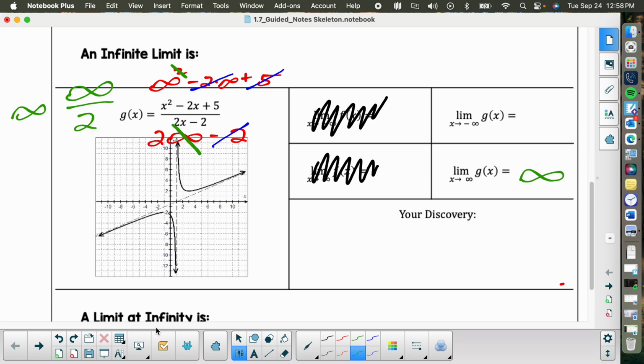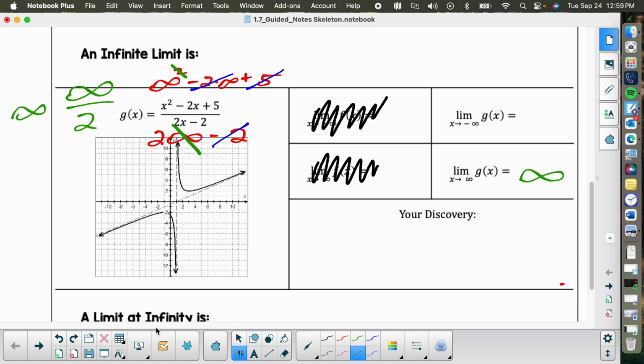Third, zero: it flattens out and it could be a normal number. So out of the 3 possibilities, what we're trying to do is figure out if the answer is positive infinity, negative infinity, or if it flattens out to a regular number.